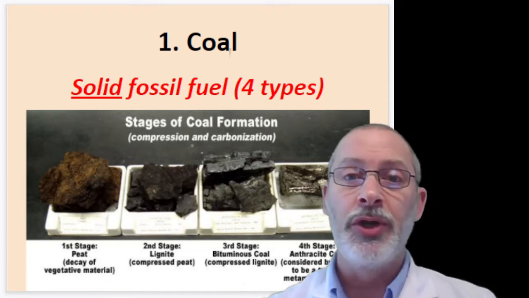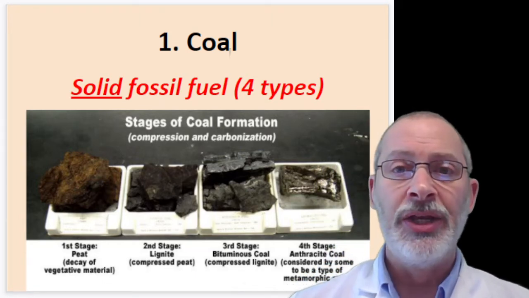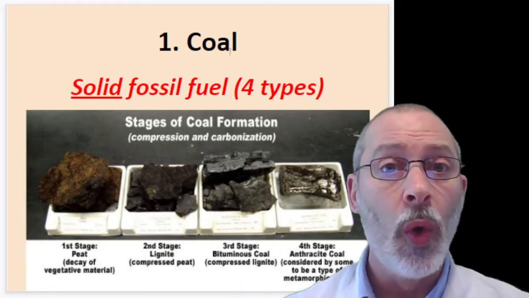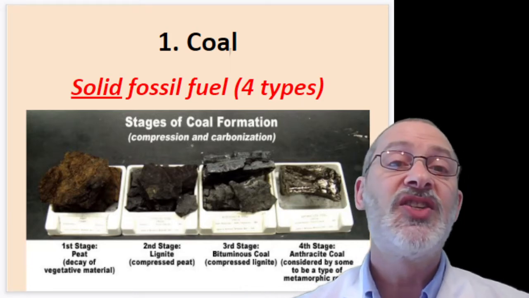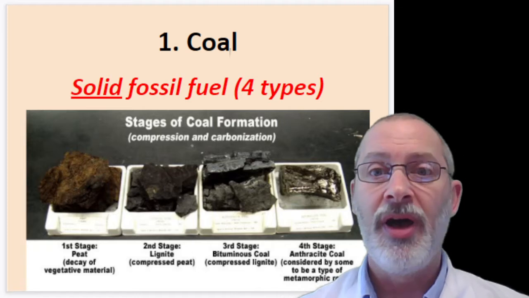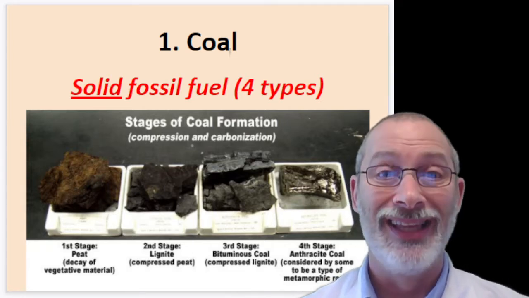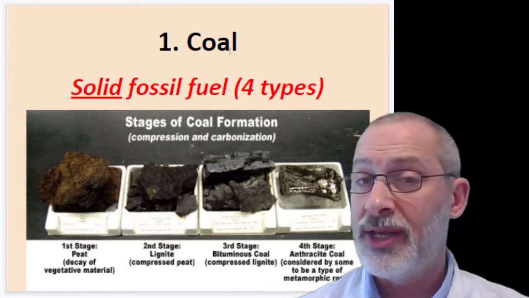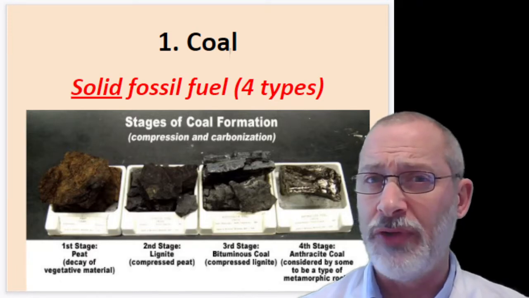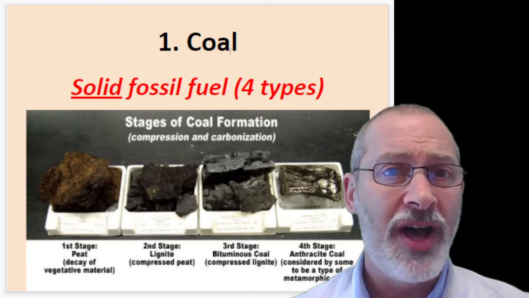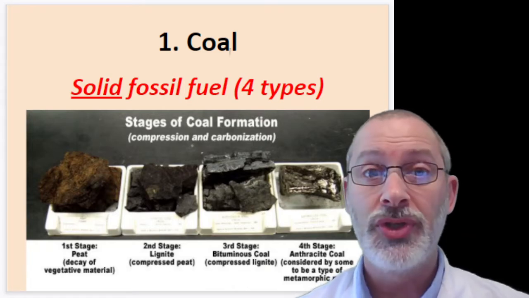So let's begin here with coal. In general terms, coal is the solid form of fossil fuel. In fact, I'd like you to underline that word solid, because if you paid attention to that list I just gave you, one type of fossil fuel is solid, which is coal.